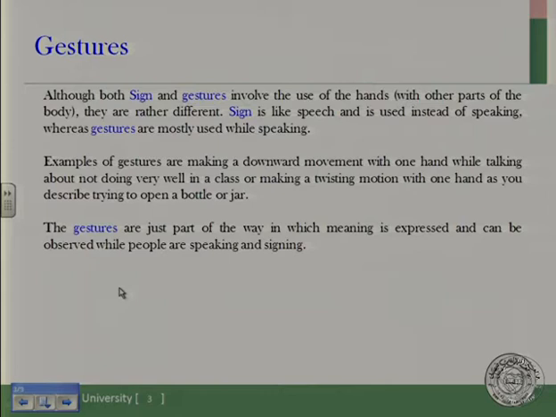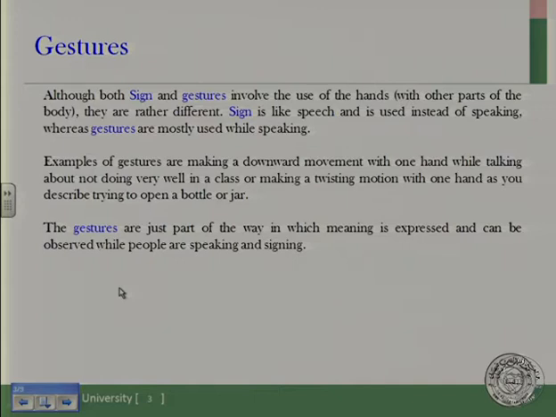This is called a twisting movement. So these two are called gestures. When I say that I'm trying to open the jar, or I'm trying to open the bottle, or my class wasn't so good today, I'm using gestures here while speaking.